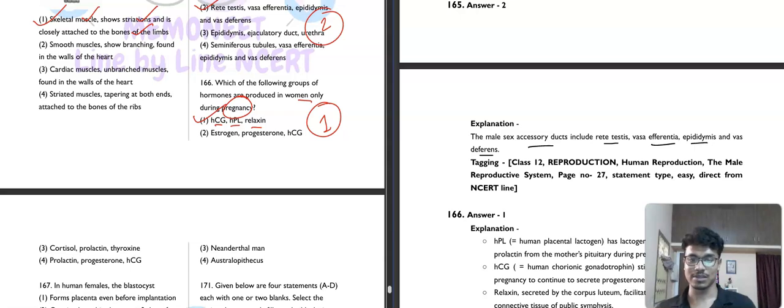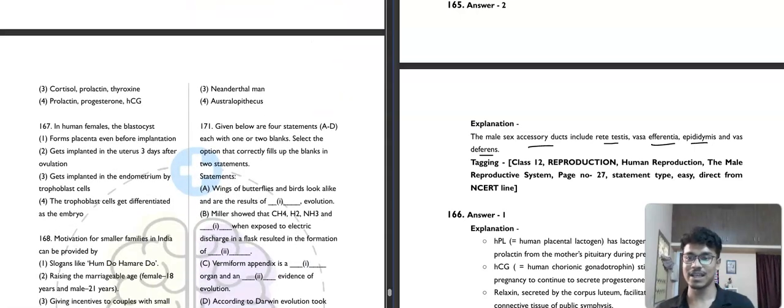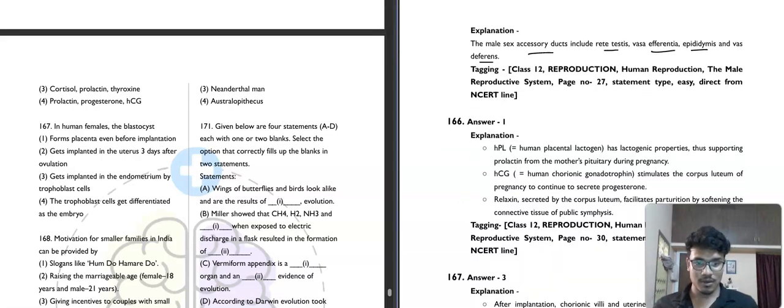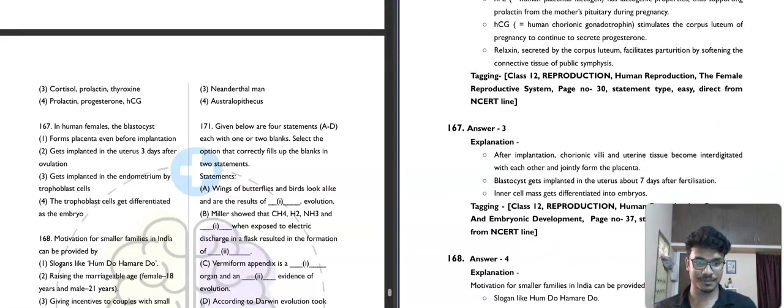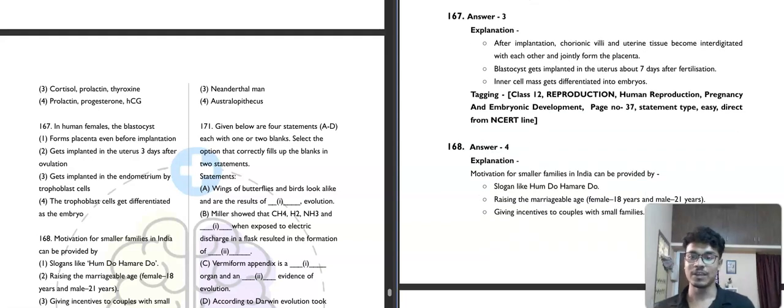Then question number 167. In human females, the blastocyst forms placenta even before implantation; gets implanted in the uterus 3 days after ovulation; gets implanted in the endometrium by trophoblast cells; the trophoblast cells get differentiated as the embryo.